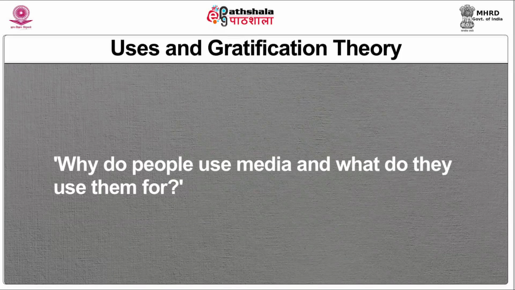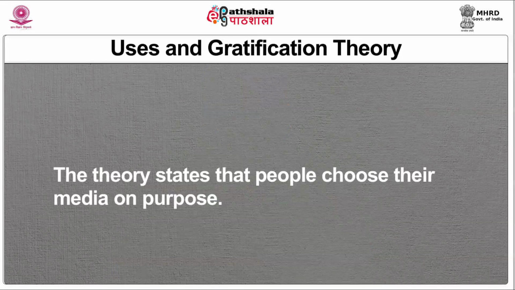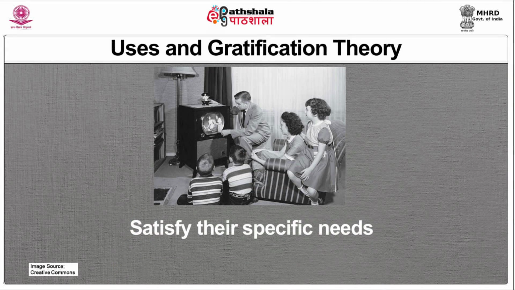This theory seeks to answer the questions: why do people use media and what do they use them for? The theory states that people choose their media on purpose and they use them to satisfy their specific needs.